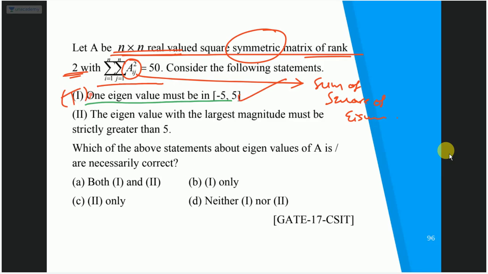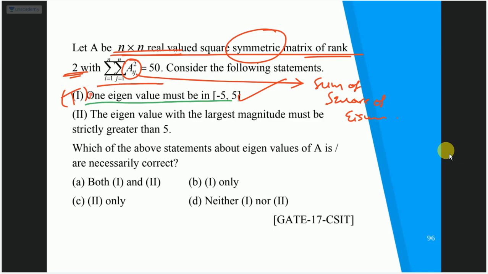Next statement, concentrate. The eigenvalue with largest magnitude must be greater than 5.